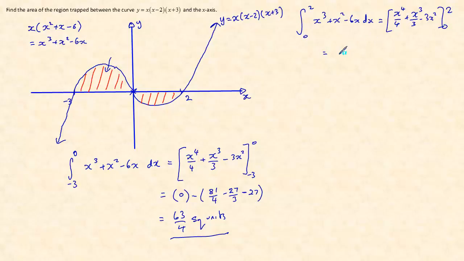So that's going to give us 16 over 4, which is just 4. And then we're going to have 8 over 3. And then we're going to take away 12. And obviously the bottom limit's going to give us 0.